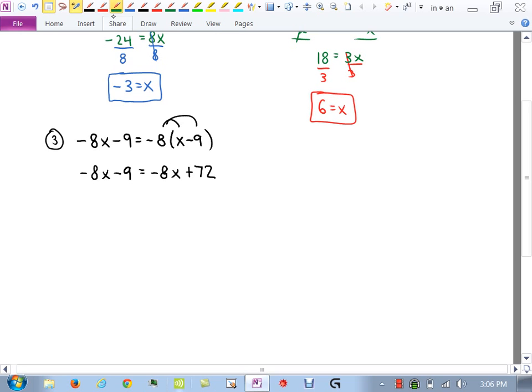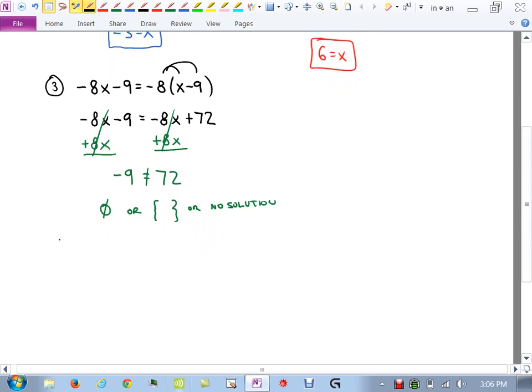Now I'm going to try and get my x terms on one side, so I have to add 8x to both sides to do that. When I do that, though, something happens here. These cancel and these cancel, which leaves me with negative 9 equals 72. Negative 9 does not equal 72, therefore there is no solution for this equation, so I put the empty set, or I can put empty set of braces, or you can just say no solution. I'll take any of those.